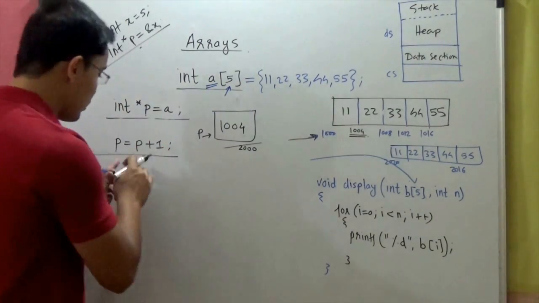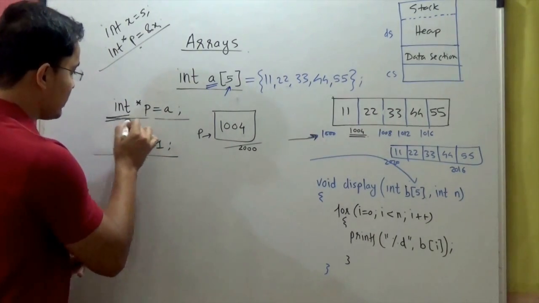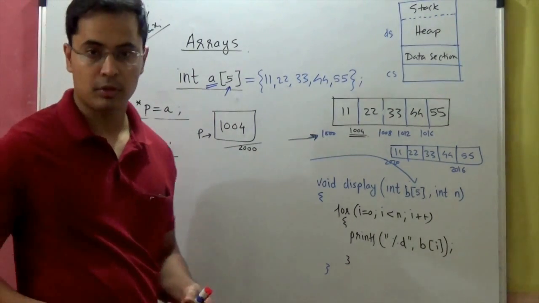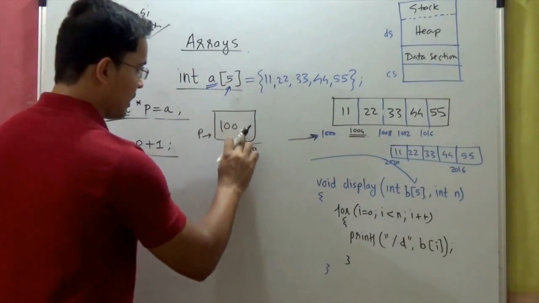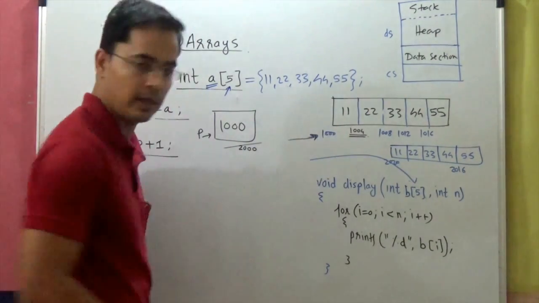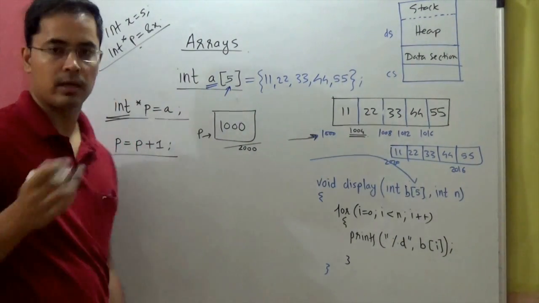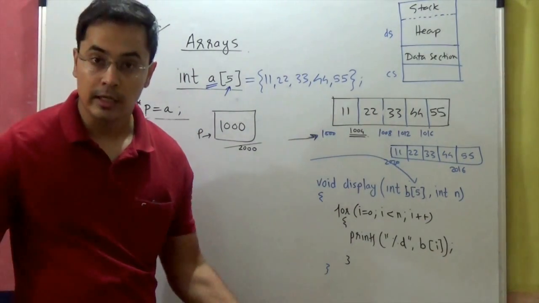Why? When you increment a pointer, the type of pointer is integer pointer. It is supposed to store the address of some integer. It was at the beginning storing the address of some integer. That is this integer, right? When you increment that pointer, it will try to store the address of the next possible integer.